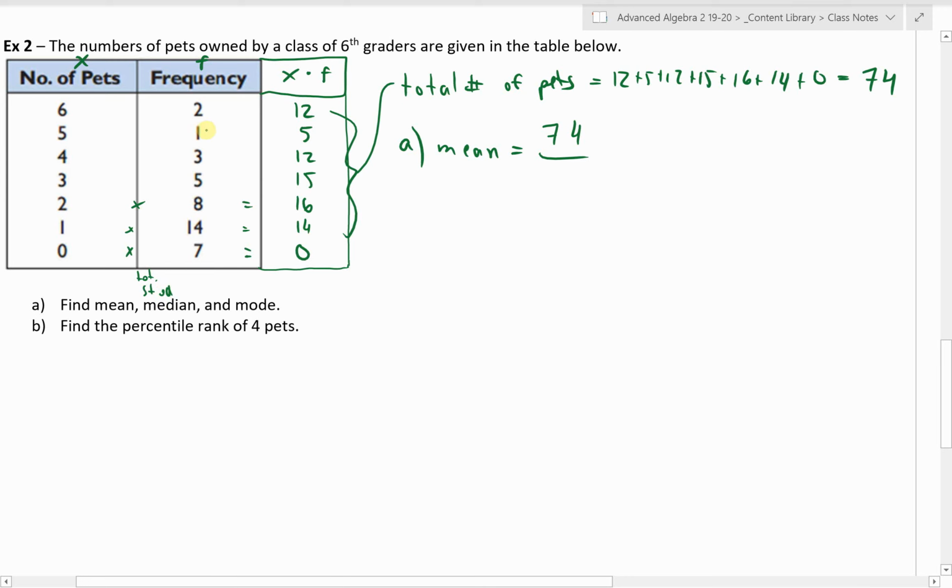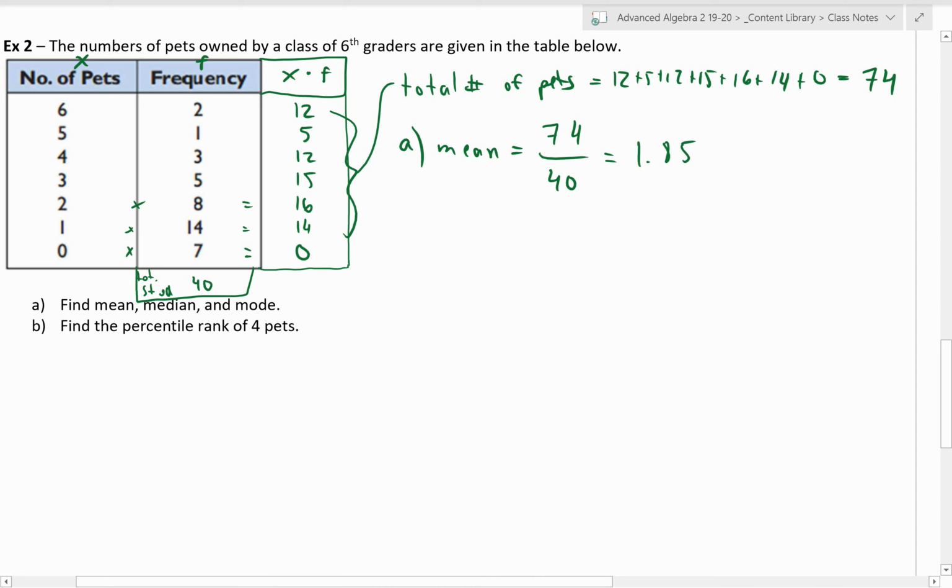So 2 plus 1 is 3, 6, 11, 19, 33, and 40. So there's 40 students in the class. So we'll divide 70 by 40, and that comes out to be 1.85.